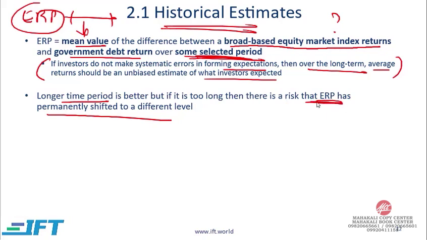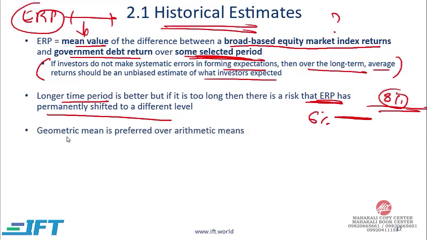If the equity risk premium is permanently shifting from, say, a 6% level to a 8% level, then that means that the data is non-stationary. So that would create a problem. If you use data over a very long period of time, then the chances of this non-stationary problem become higher.